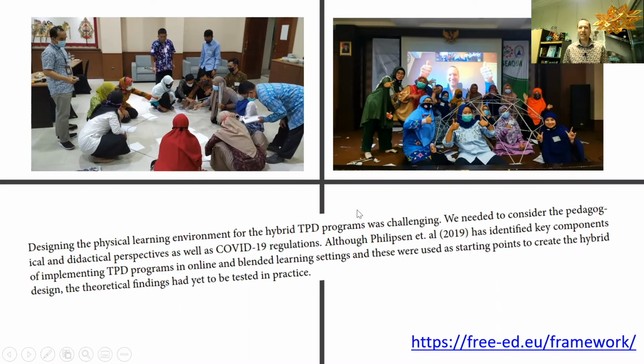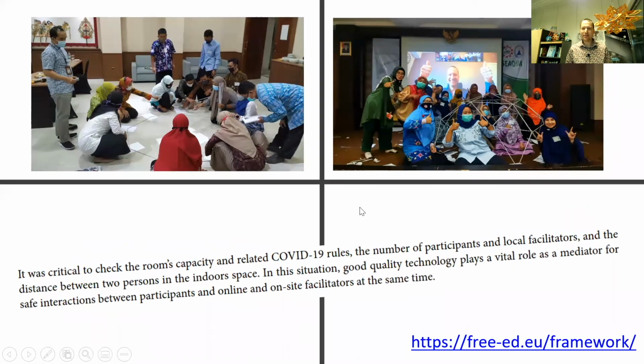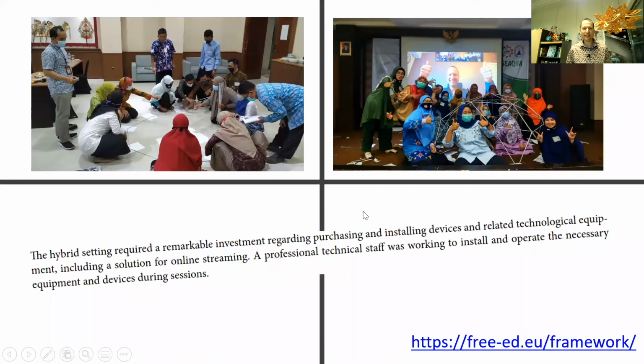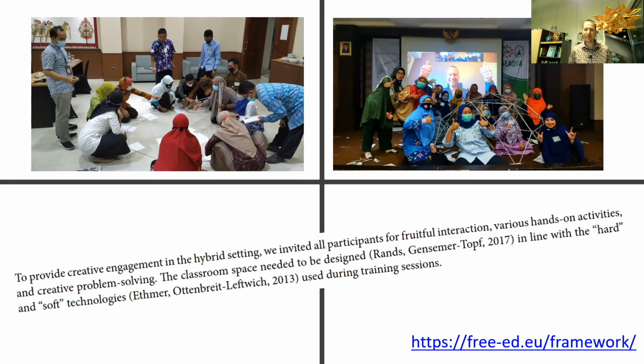And actually, you can read in the article in the FreeED Vision book how this whole process took place, and how the different equipment and devices for streaming and the technical stuff helped to realize these events.